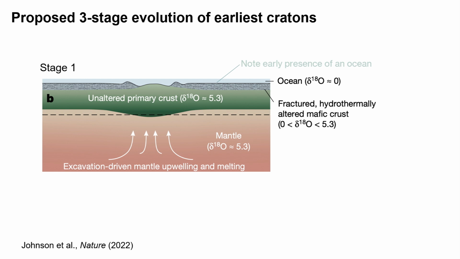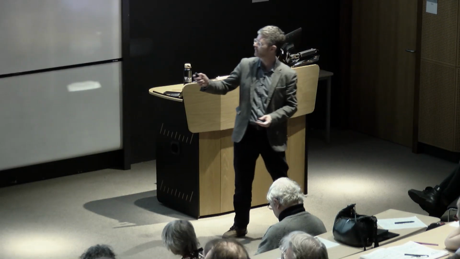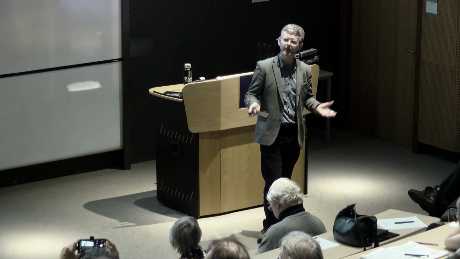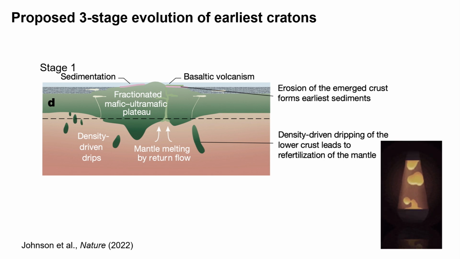It can basically lead to bits of early formed crust going down into the mantle and refertilizing it, so potentially explaining some of the isotopically anomalous bits of the mantle. And I think you can imagine from thinking about a lava lamp how this dripping may actually operate. We have an unstable boundary layer between two fluids, one being more dense, and as it sinks, it in turn promotes upwelling of whatever is to fill the space of what was left behind.